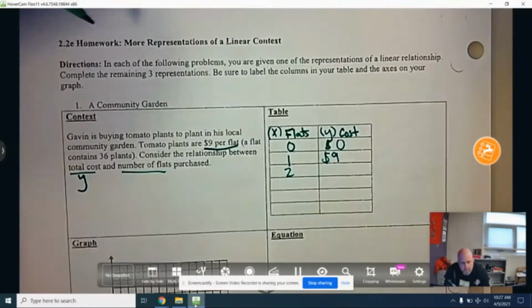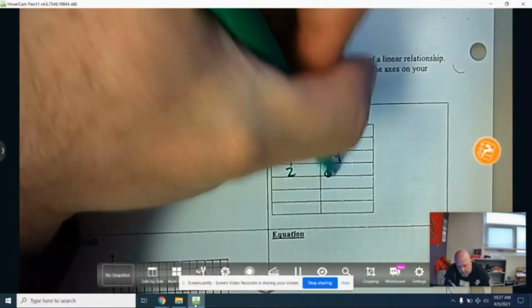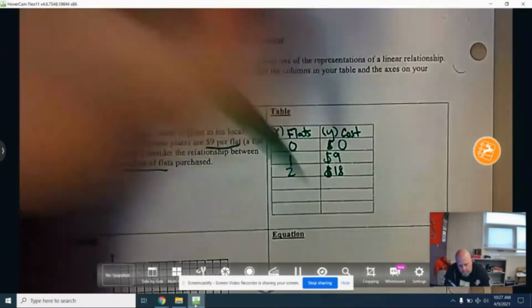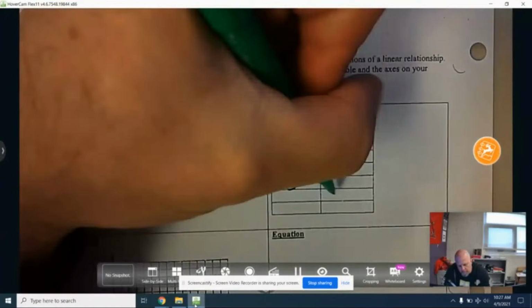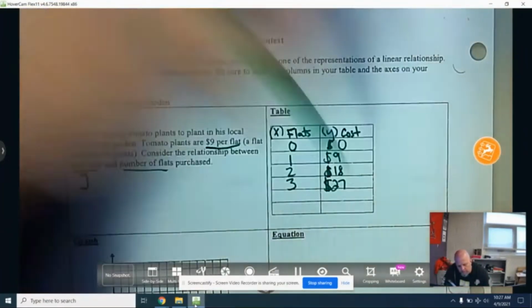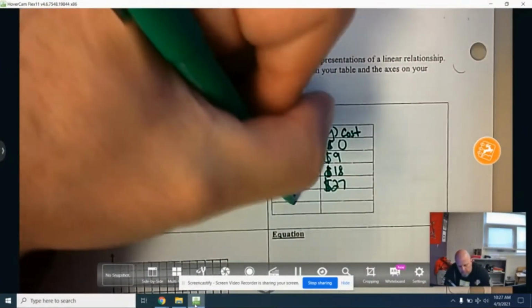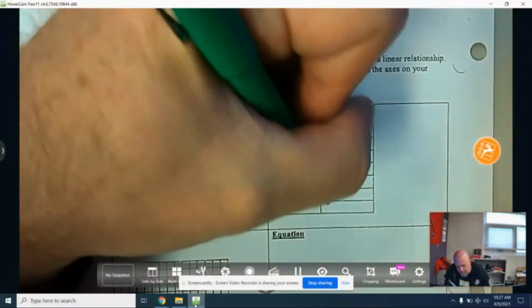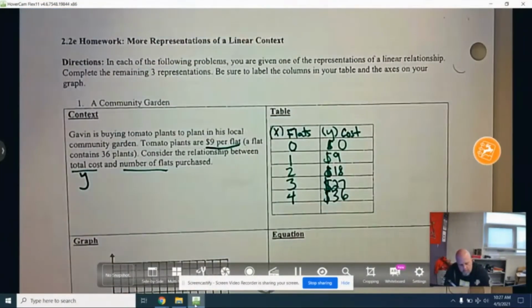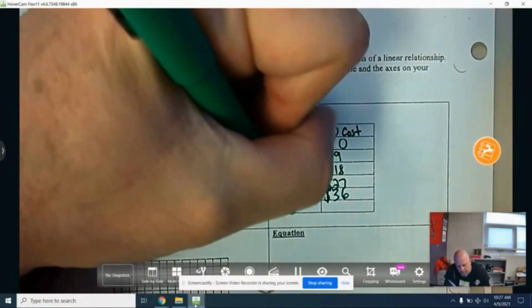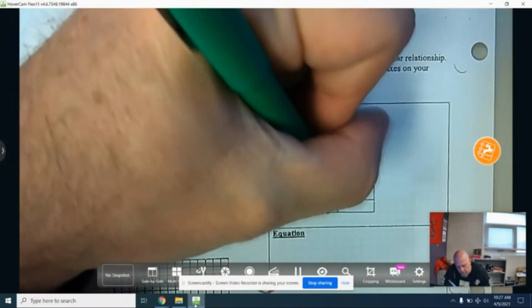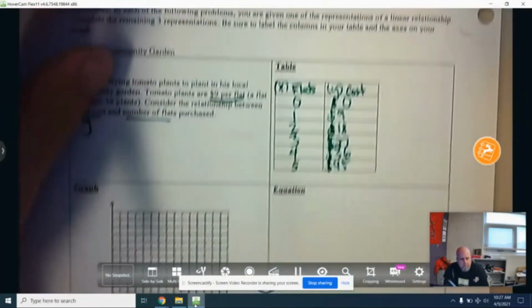If I have 2 flats, 2 times $9 gives you $18. If you got 3 flats, 3 times 9 is 27. 4 times 9, 36. And last, 5 times 9 is 45.